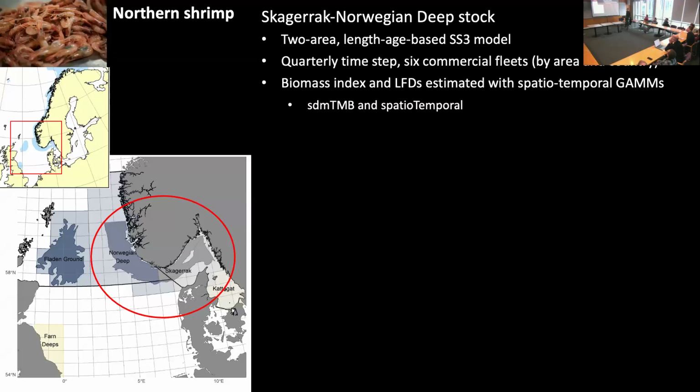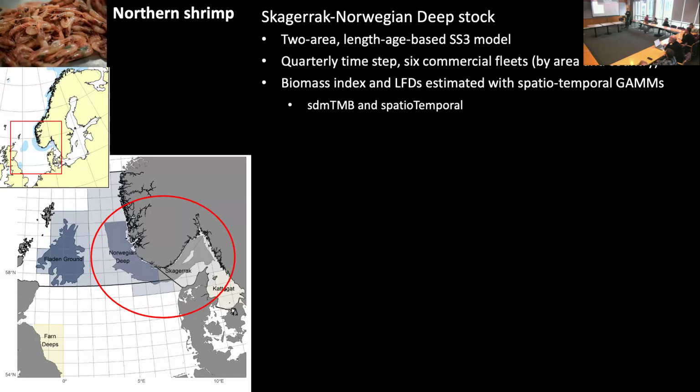Okay, to move further up. Actually, we tried to deal with the spatial components more explicitly in the assessment when we went through a benchmark two years ago, and also to include some of these funky dynamics that those shrimp experience with the sex change in particular. So we implemented a two-area stock synthesis model that includes sex transition, which is estimated from the data.